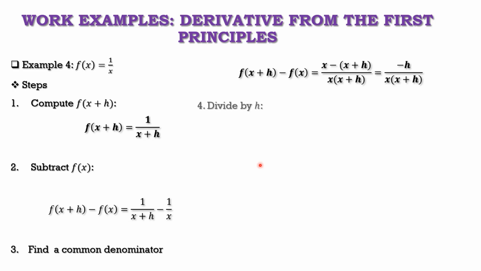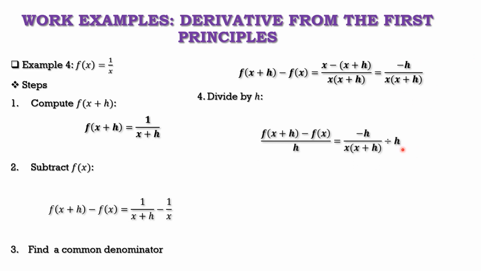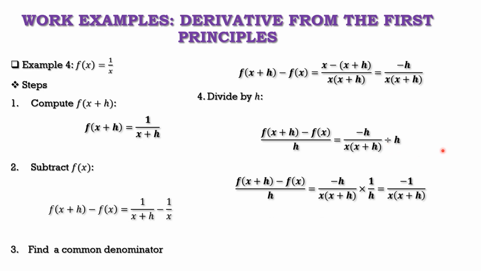Then our next step is to divide this whole expression by h. So here we are going to have f of x plus h minus f of x divided by h. So I'm using the division sign here for you to understand the concept. And when you have the division sign, it will change to multiplication. And when you do that, it's going to be negative h over x into bracket x plus h times 1 over h.